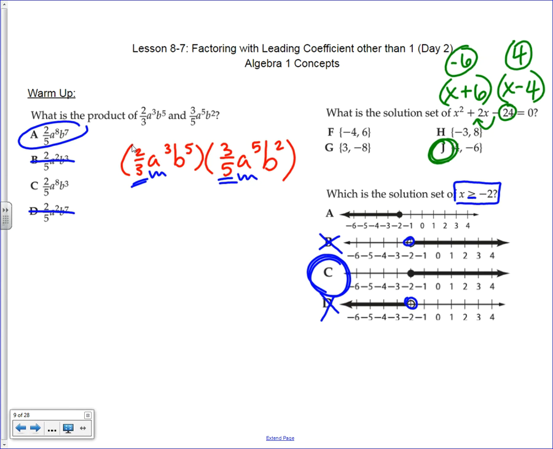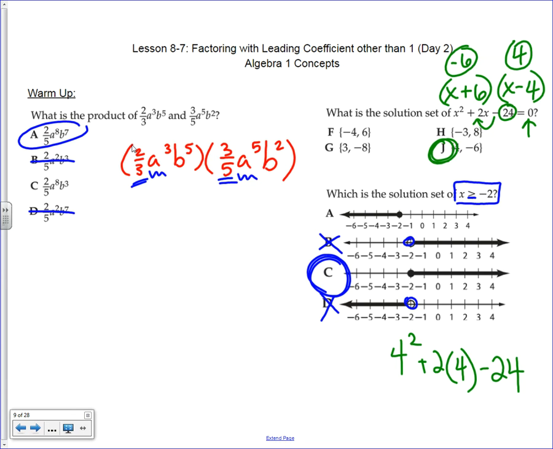Now, what would happen if I took this 4 and plugged it in up there? Let's try it. Grab your calculators. If I take this 4 and I plug it in for the x, wouldn't that be 4 squared plus 2 times 4 and then minus 24? What do you got? Is that what it's supposed to equal?